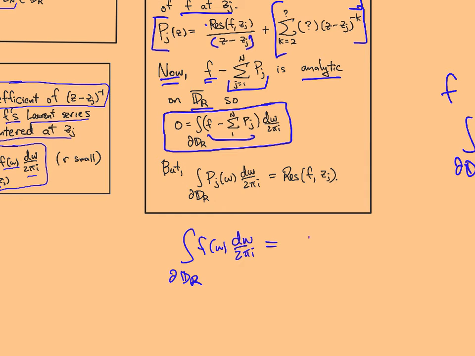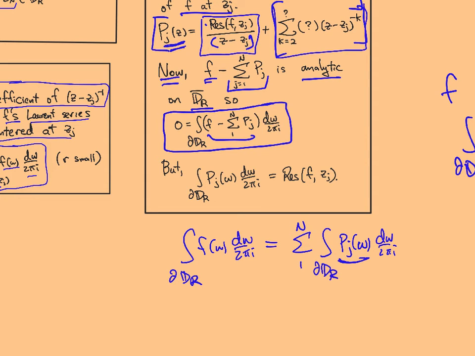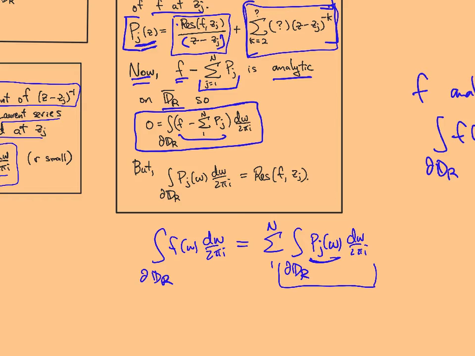So this is the sum from 1 to n of the same integrals of the principal parts. Each one of these principal parts was written above, with a first term and then these other terms. If we integrate these on this circle, we just use the lemma above.